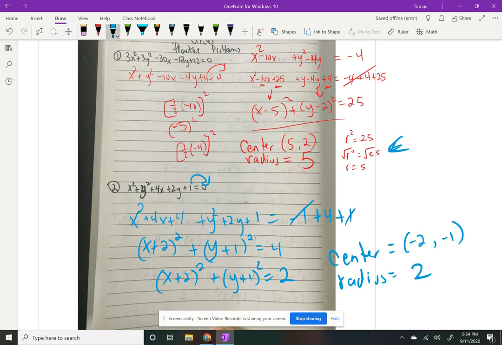And remember, it's negative 2, negative 1 because our formula is always x minus h and y minus k. Because the formula has a minus and this is positive, it had to have been a double negative. So when I input this here, the two negatives become a positive 2. I really like these problems because they involve completing the square, and that's always good to remember.